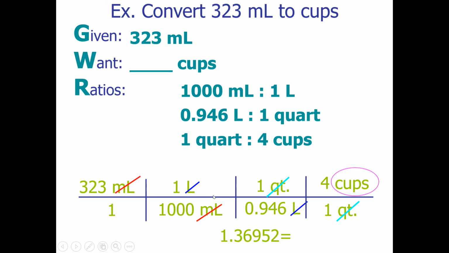Here's how I would type this into your calculator: 323 divided by 1,000 divided by 0.946 times 4. I have to make sure to hit the division sign for each of the values in the denominator, or I could put the denominator all in parentheses, whatever your preference is.